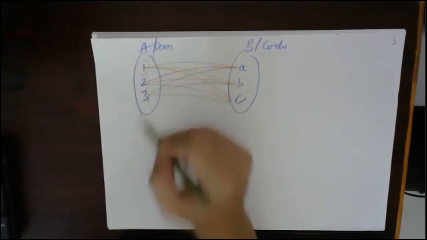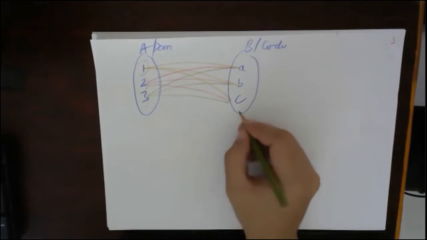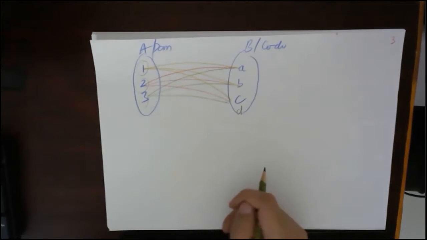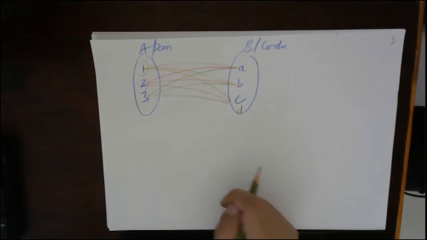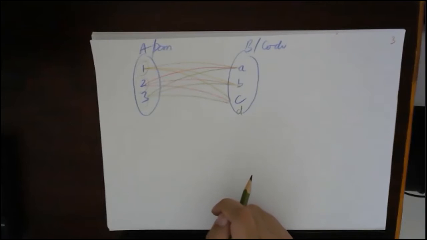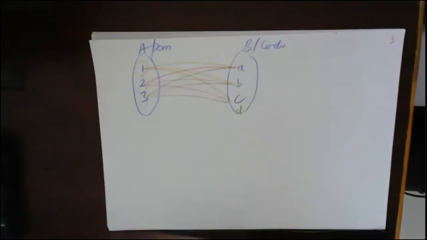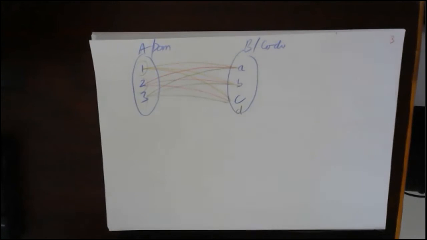Everyone has 3. Suppose if there was D, then how many total links? 12. Yes. You understood, right? Very good.